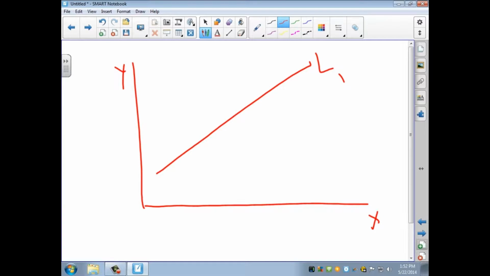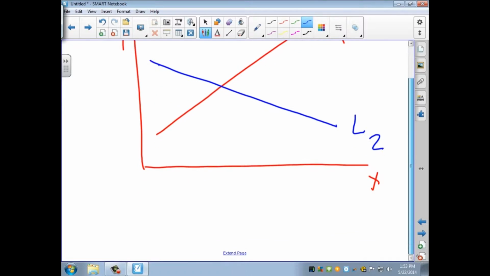A negative slope is when it's going downward from left to right. So L2 has a negative slope. So you need to keep that in mind when you look at the line, which one has a positive and which one has a negative slope.